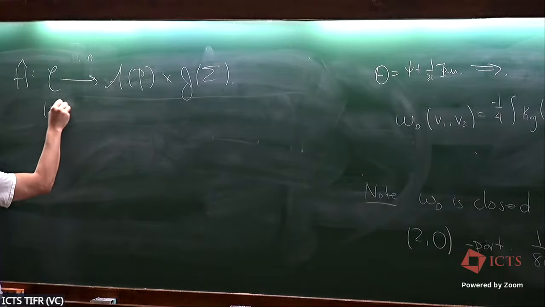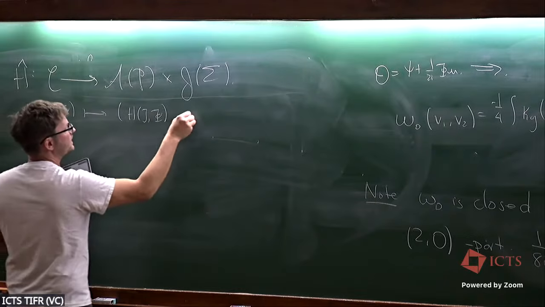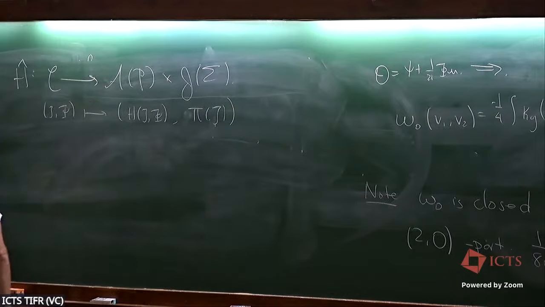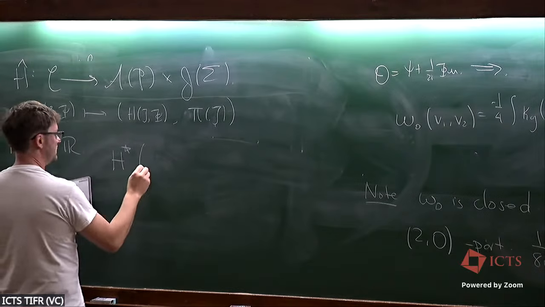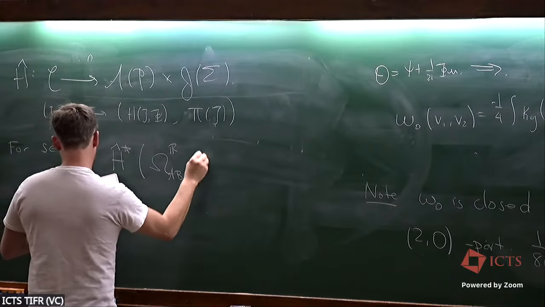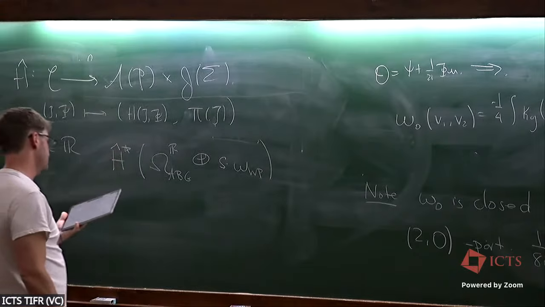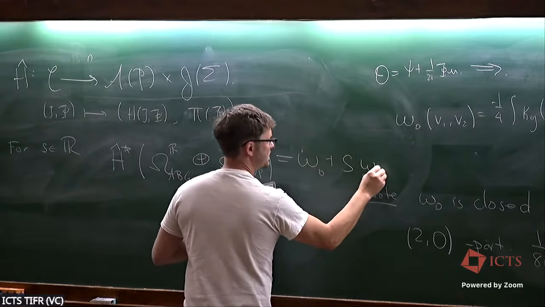I take (J, phi) just to be clear, to (H, gamma, pi, J). And for s any real number, I can pull back the Atiyah-Bott-Goldman form, the real part, and s times the Weil-Petersson form. When you do this, you get omega naught plus s times the Weil-Petersson form.